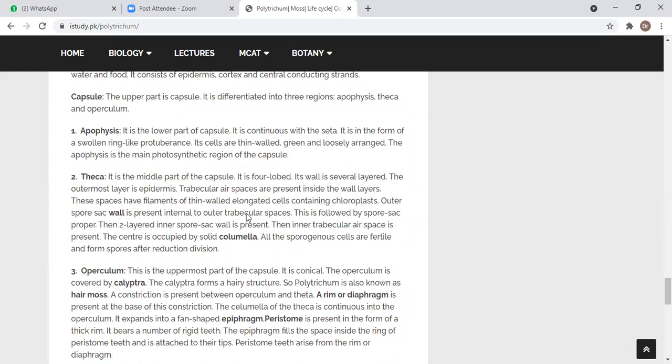These air spaces on either side of the spore sac are paralleled with the trabeculae, long multicellular cells which play a role like shock absorbers of a bike. They protect the spore sac from environmental conditions, for example if there is a harsh wind or any environmental factor that could damage the spore sac.